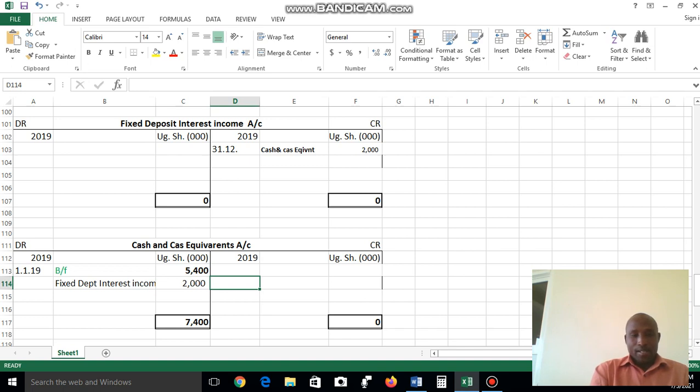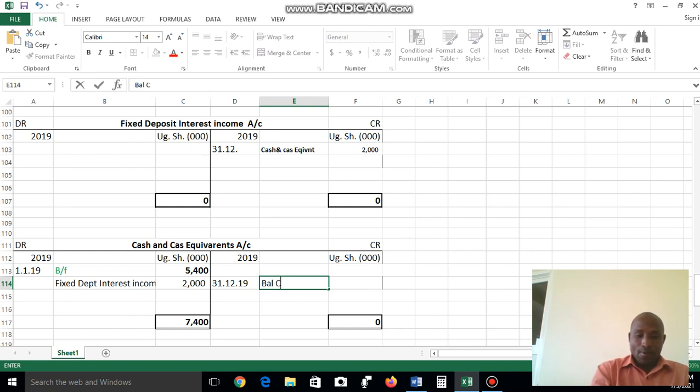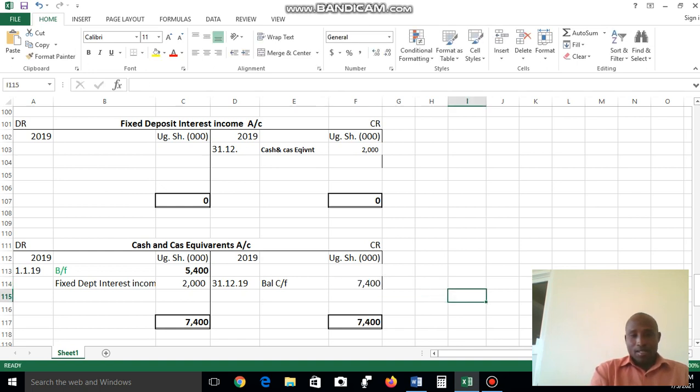So now, on 31st December 19, according to cash and cash equivalents, the balance carried forward will be equivalent to 7,400,000. So that is it.